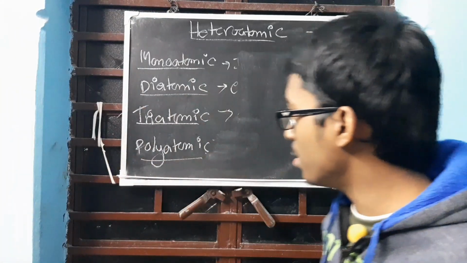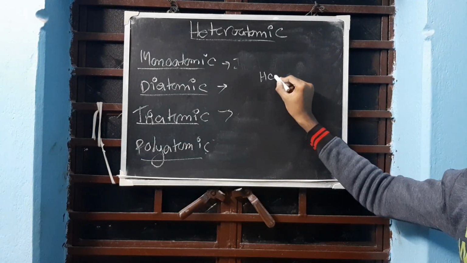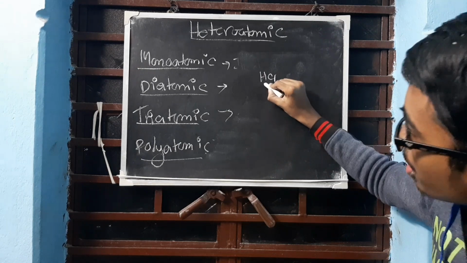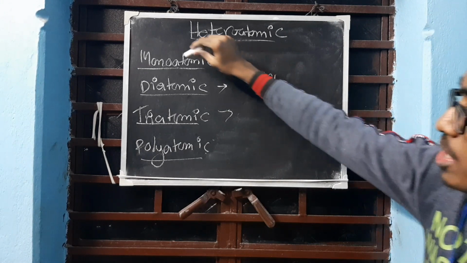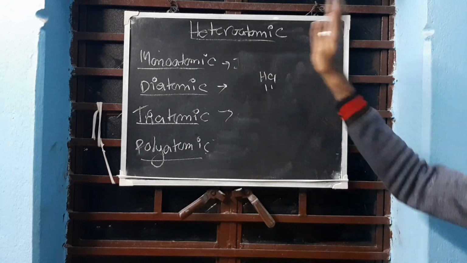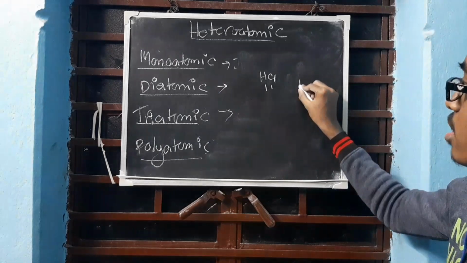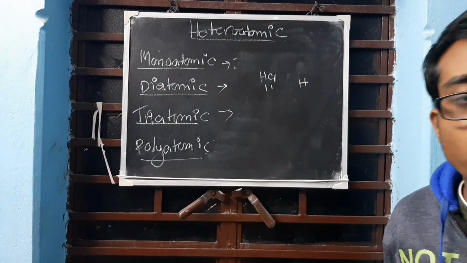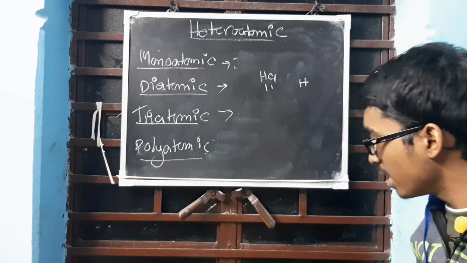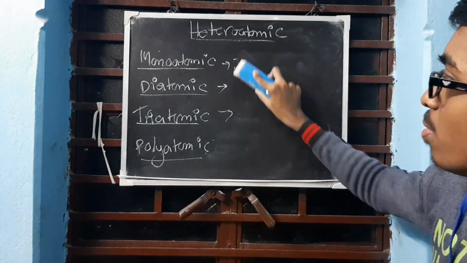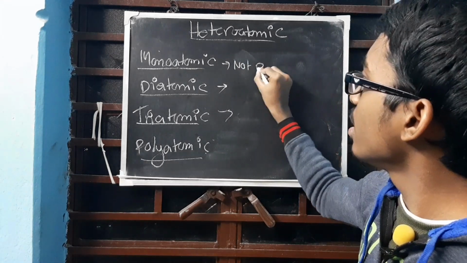Suppose let us take a basic example. I am writing HCl. Here also a minimum of 2 has to be there. 1 is possible in the case of homoatomic, but in the case of heteroatomic, never. If there is only 1, then it will no more be heteroatomic, it will be homoatomic. So heteroatomic monoatomic is not possible. Clear? So I cannot write any example here.